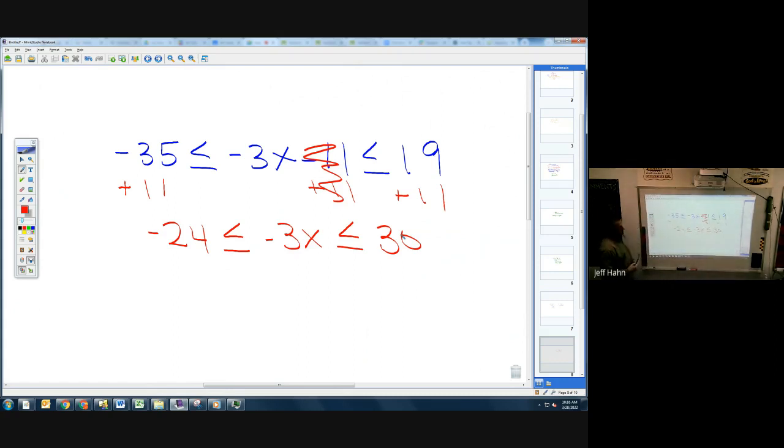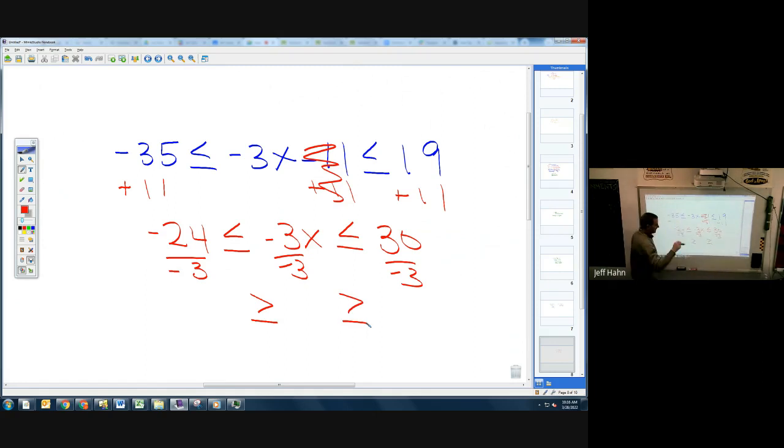Here's where you have to recognize I am dividing by a negative. So what's going to happen in the end? These signs are going to change to their opposites. Negative 3, negative 3, negative 3, but these are going to go the other way.